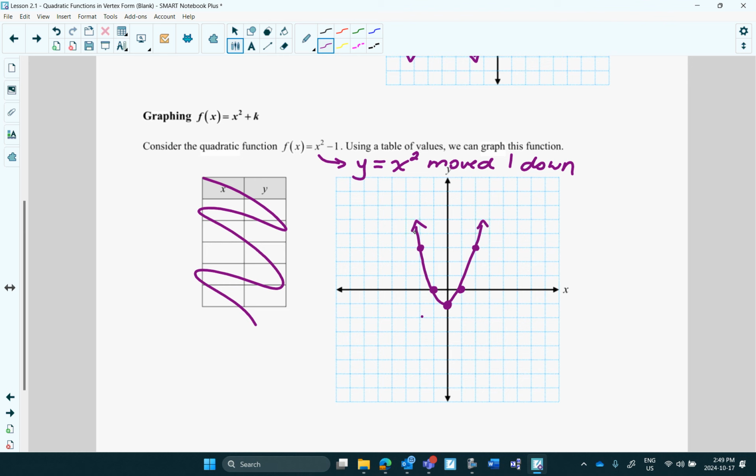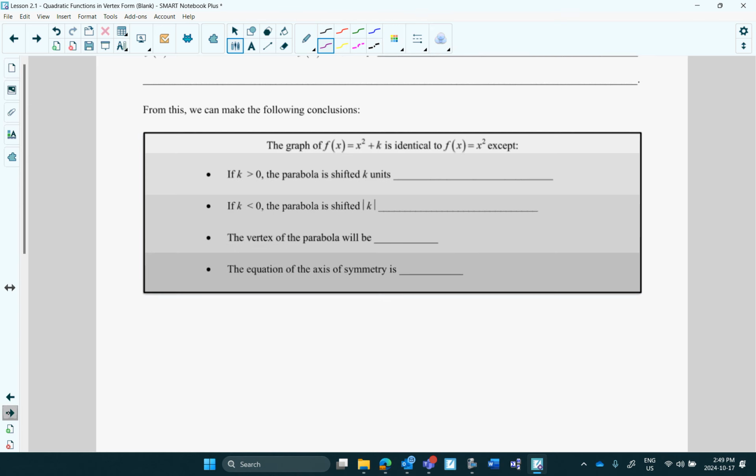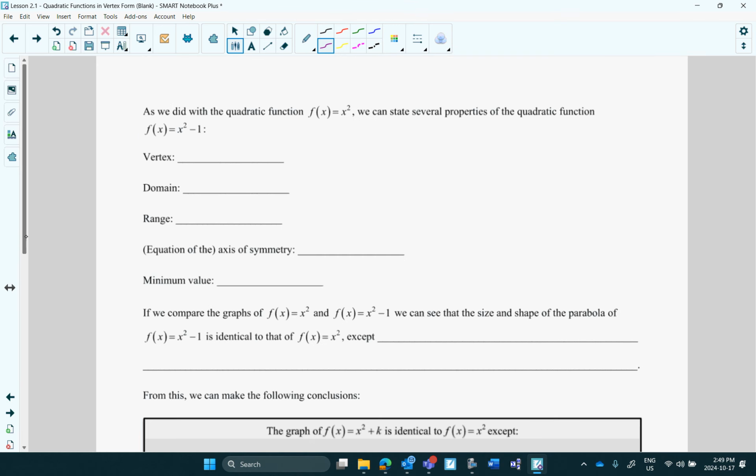So keeping in mind that graph, what's the vertex of the parabola we just drew? 0, -1.